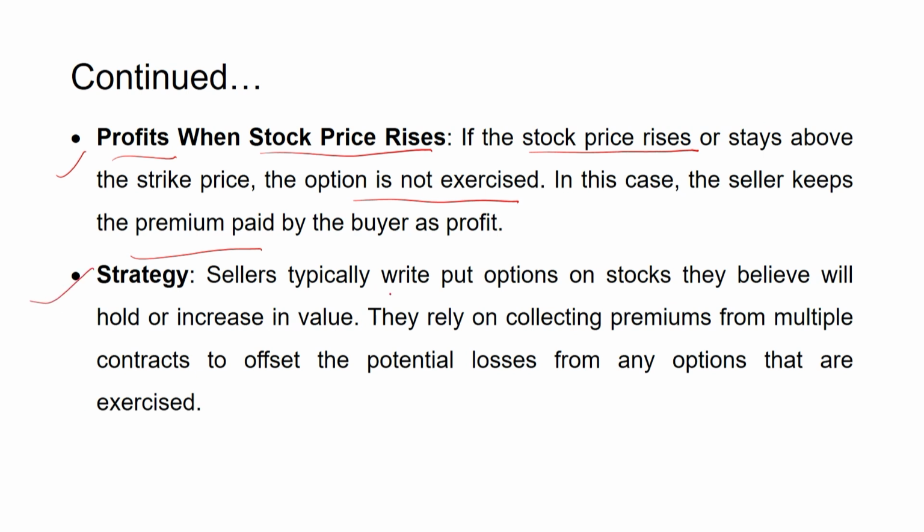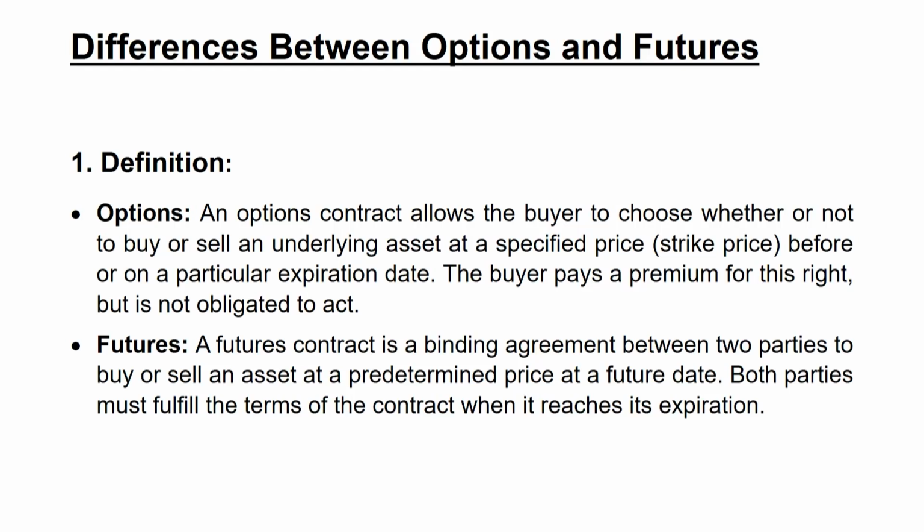Sellers typically write put options on stocks when they believe they will hold the particular contract if there is any increase in value of the underlying asset in the market. So they rely on collecting the option premium from multiple contracts for the purpose of offsetting the potential losses of other options contracts in the market. So these may be the various cases where we need to sell put options.